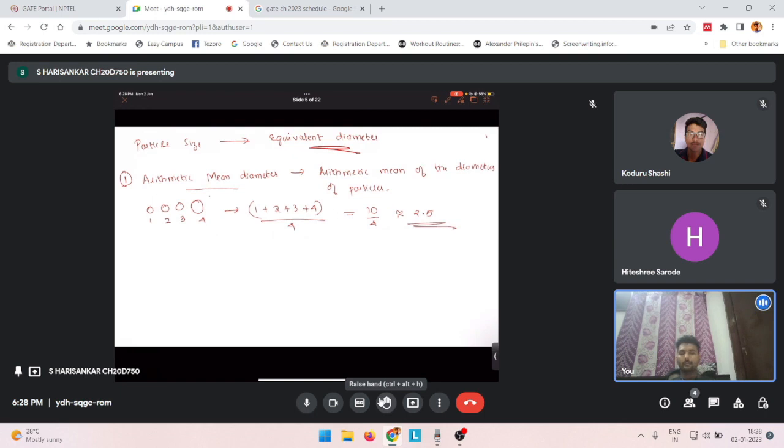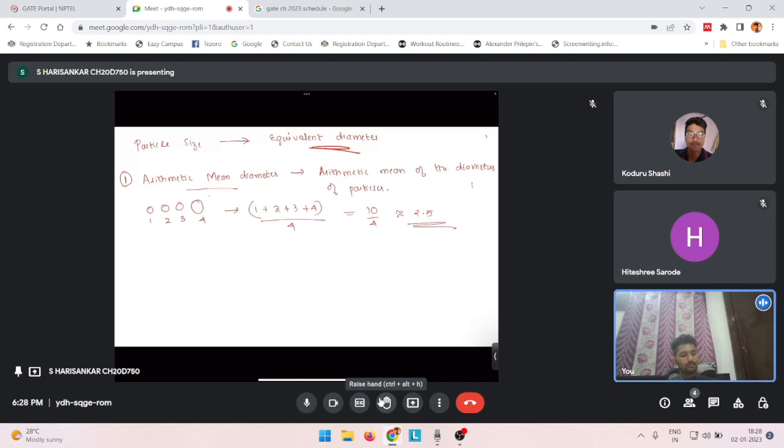So instead of mass fraction, what we'll do is we'll just take the pure number of these particles. Let us say we have a total of n particles.